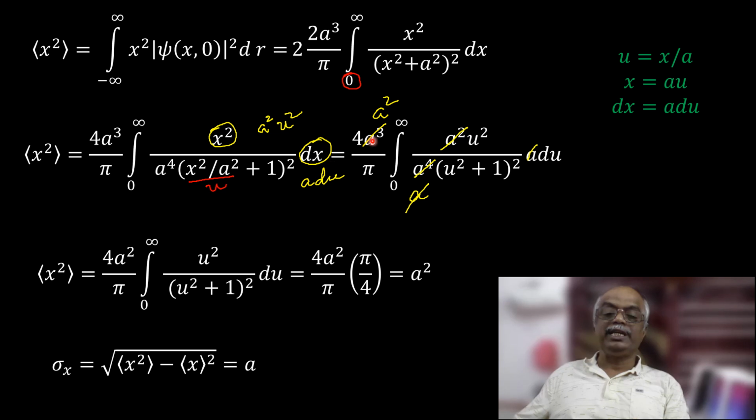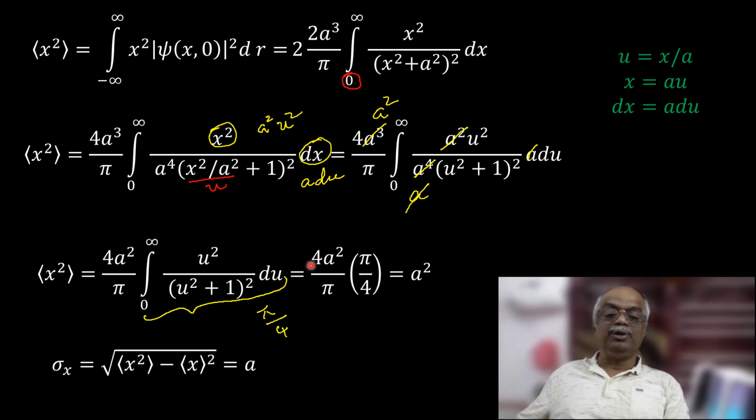So now you will get 4a squared over pi, integral between 0 to infinity, of u squared times u squared divided by u squared plus 1, whole squared. Now the value of this integral is 5 by 4. It is a standard integral, 5 by 4.